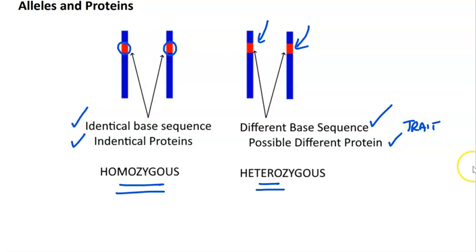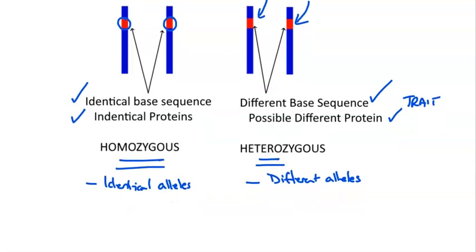Homozygous means identical alleles, which implies identical base sequence, and heterozygous implies different alleles, different base sequences, different proteins.